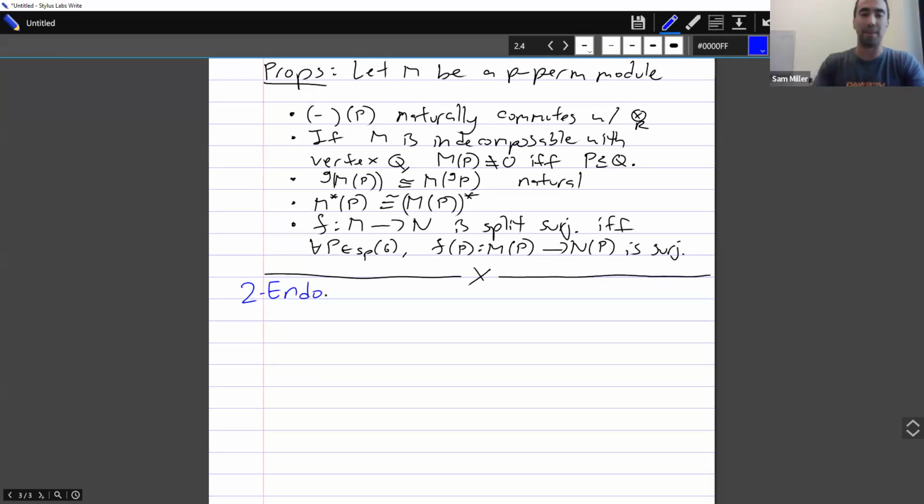Now we can get to the fun stuff. Endotrivial complexes. So what are these? Let me tell you.